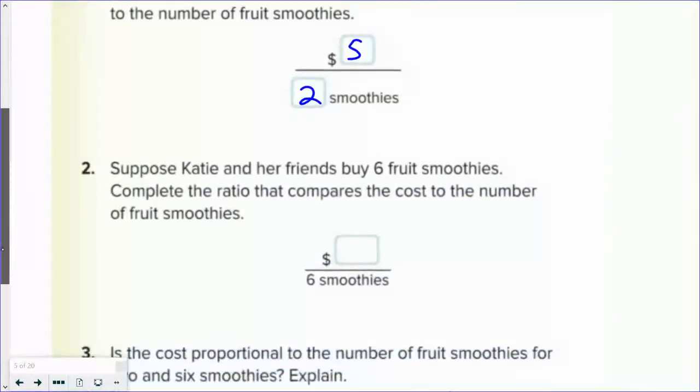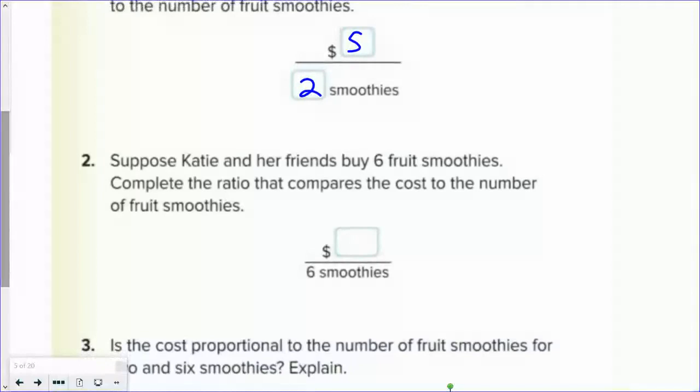So suppose Kate and her friends want to buy 6 smoothies altogether. How much would that be? Well, if we are doing 2 smoothies and we double it, that's the same as having 4 smoothies, right?